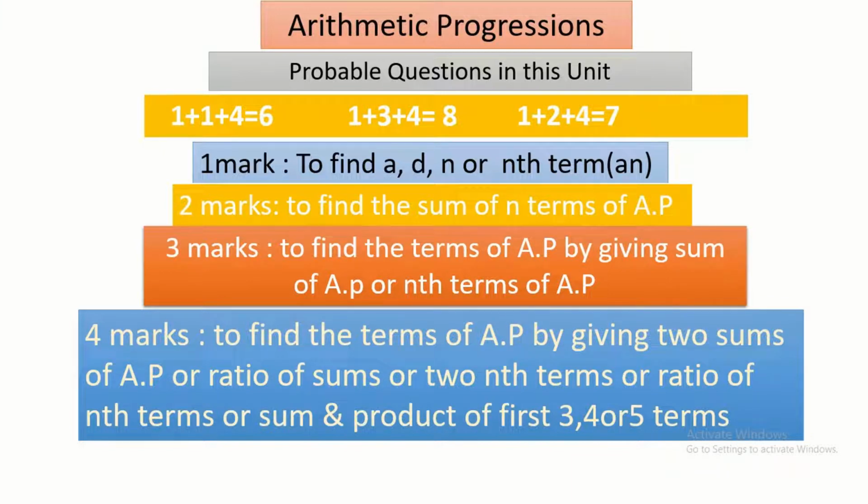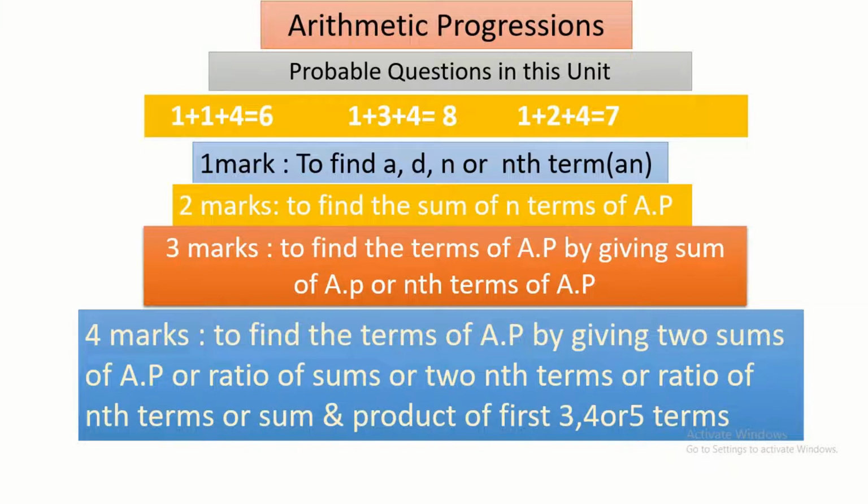Or they give the ratio of 2 nth terms and ask you to find the terms of the AP.